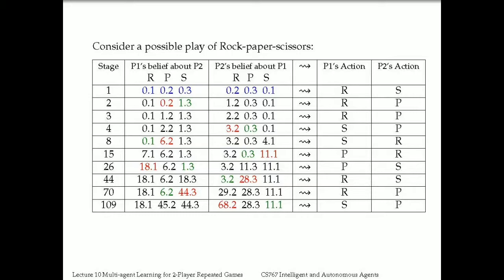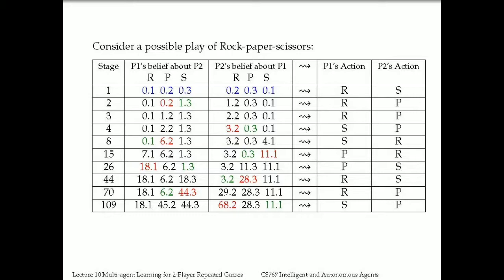So why is this? I would encourage you to take a moment and think about the situation and actually sit down and draw the play. And we have to fix a certain initial belief. In this case, I assume that player 1's initial belief about player 2 will be 0.1, 0.2, 0.3, and player 2's belief about player 1 initially will be 0.2, 0.3, 0.1.